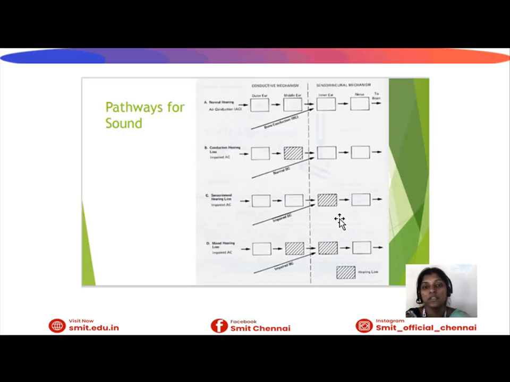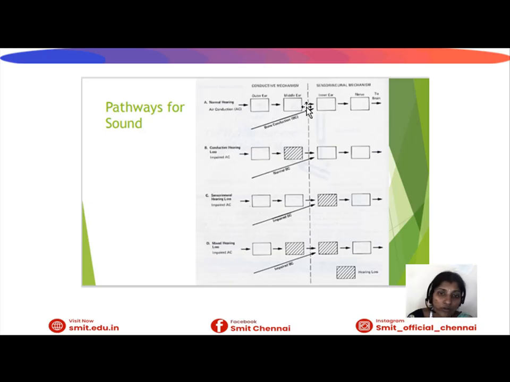Here this is the normal hearing human. Here we will have outer ear, middle ear, inner ear, nerve. If we have loss in this part, this comes under conductive loss. If we have hearing loss in this part, this comes under sensory neural.